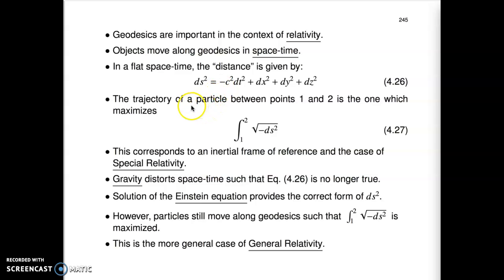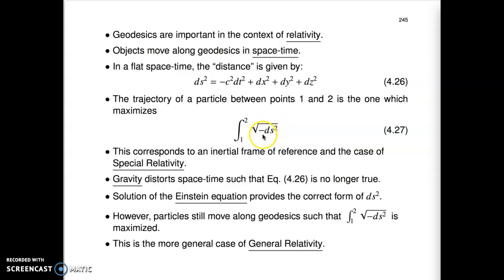So the trajectory of a particle that goes between point 1 and point 2, I mean you have to specify both the time and the position for point 1 and point 2, event number 1 and event number 2. It turns out that objects will spontaneously want to go along a trajectory between 2 events that maximizes this integral. Point 1 to point 2, you're specifying the time and the position for each.